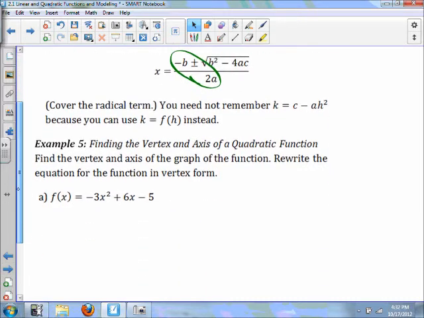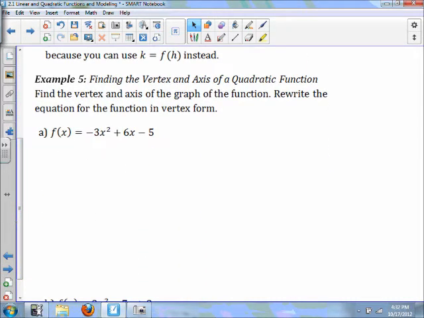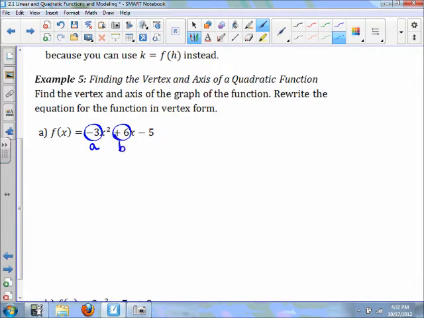Let's look at example 5. Now, we know that a goes with the x squared term, b goes with the x term, and c is the constant term. So, because we're looking for h, which is negative b over 2a, we've got to find the vertex.